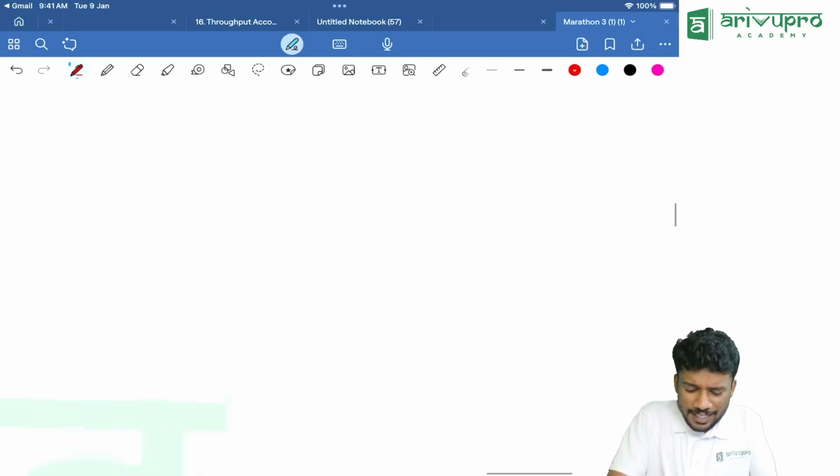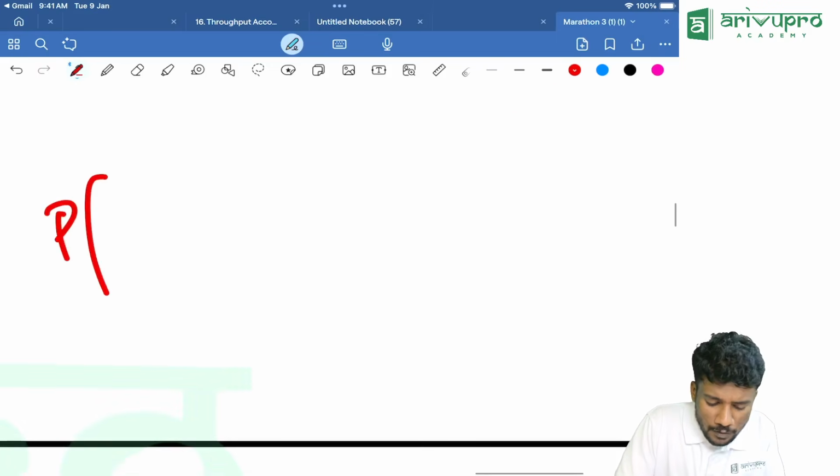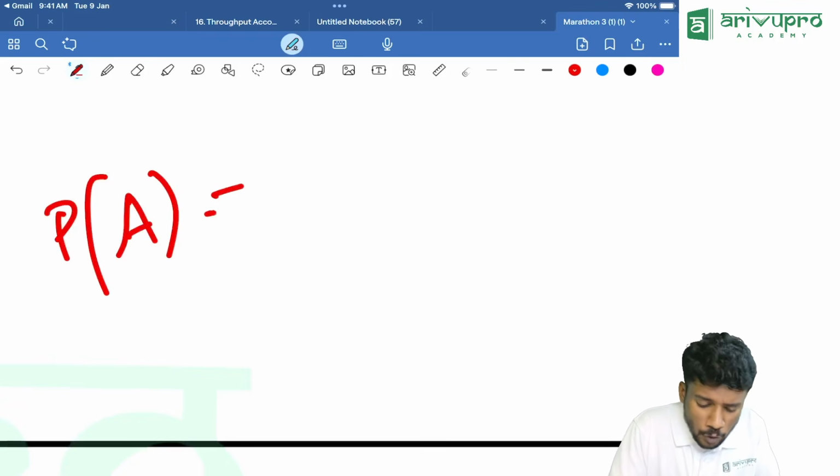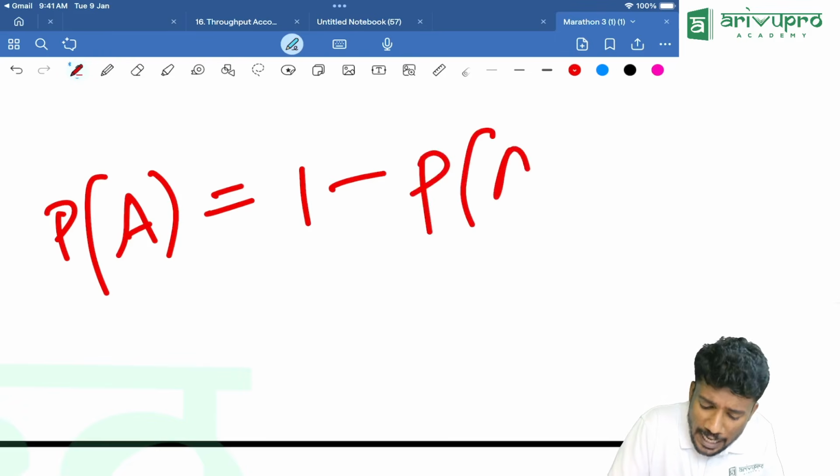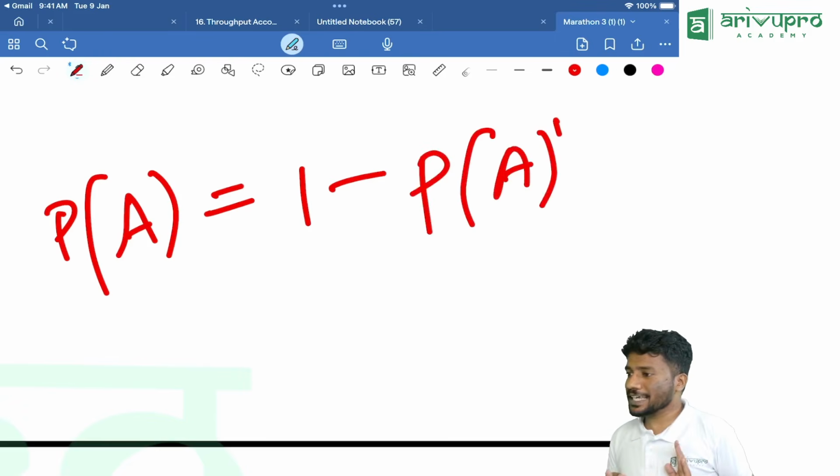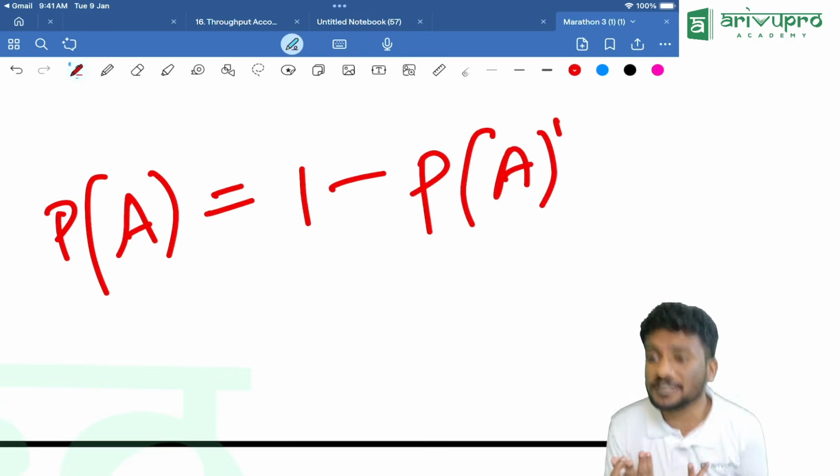Whenever we say something, P of A happening is equal to 1 minus P of A not happening. That is the case. This dash is called the complement.